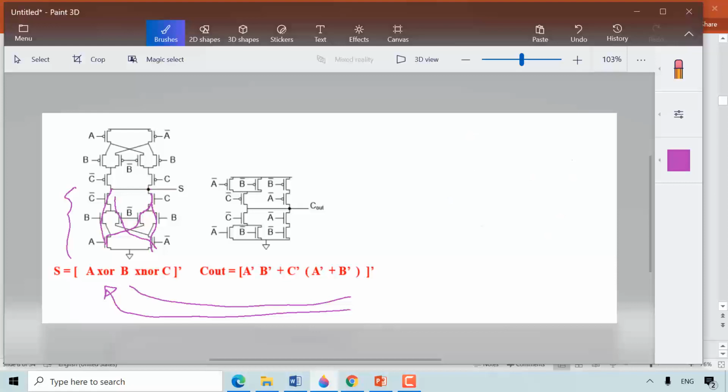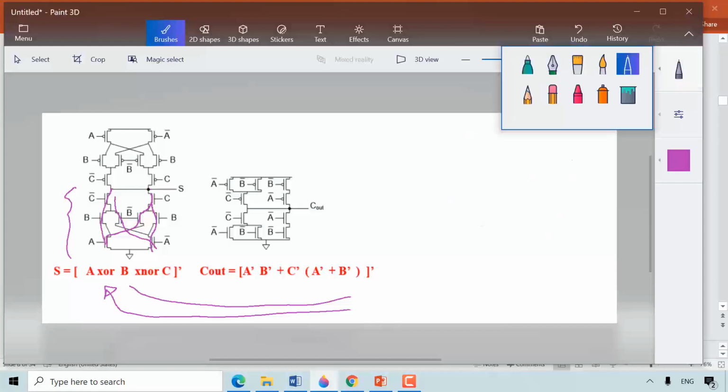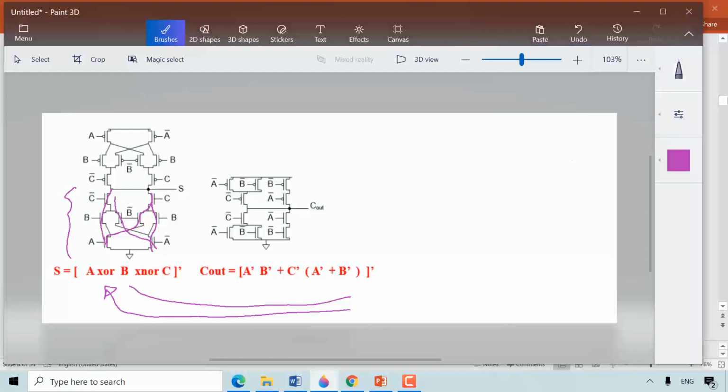The C out here is equal to A prime, B prime plus C prime. I'm going to introduce the brackets: A prime C prime plus B prime C prime, all under prime.